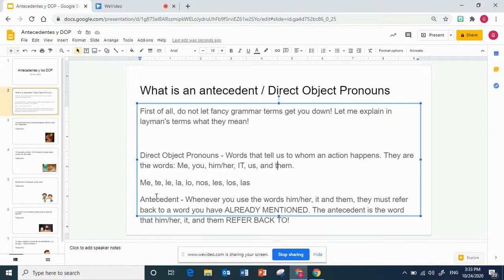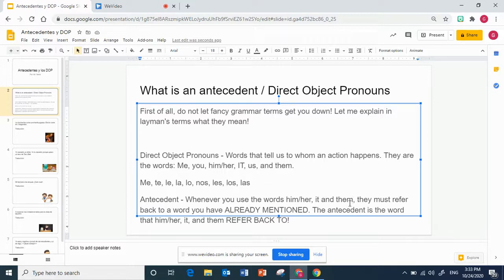Another term that we're going to be looking at this week is called antecedent. Do not be confused by this word. It's really simple. Whenever you use the words for him, her, it, and them, and technically all of these direct object pronouns, but particularly him, her, it, and them, that is le for him or her, la, lo for it and them, and les for people, and los and las for objects.